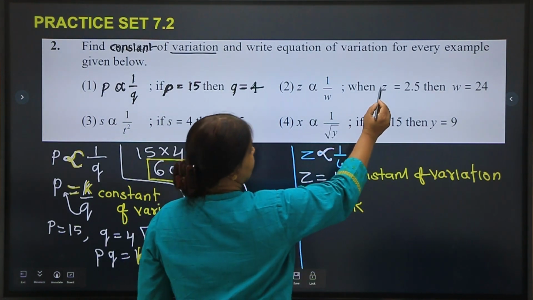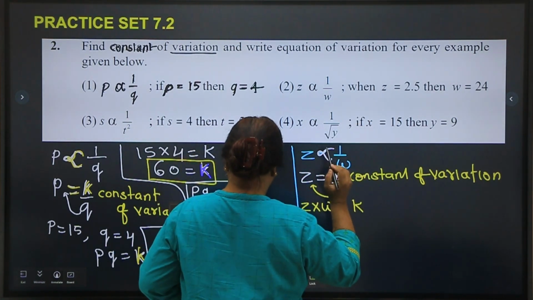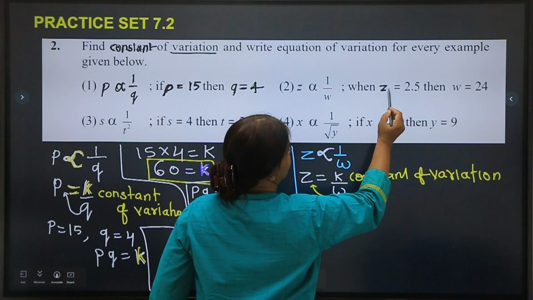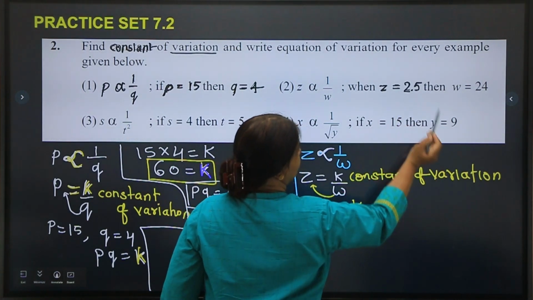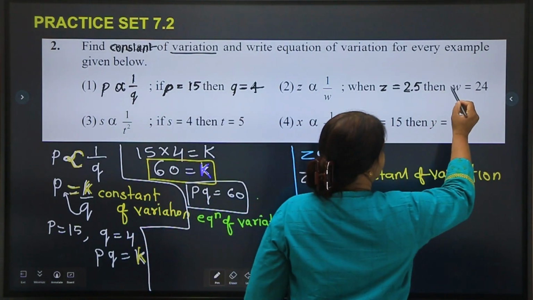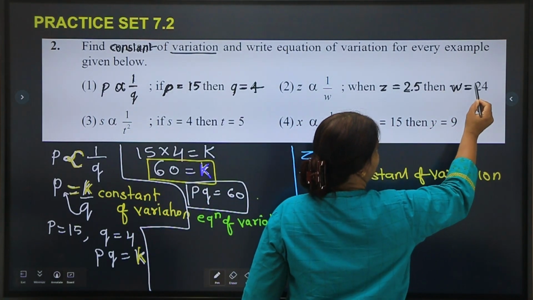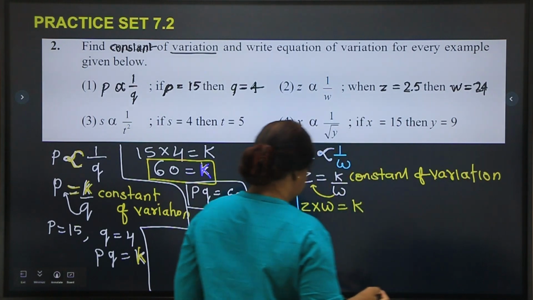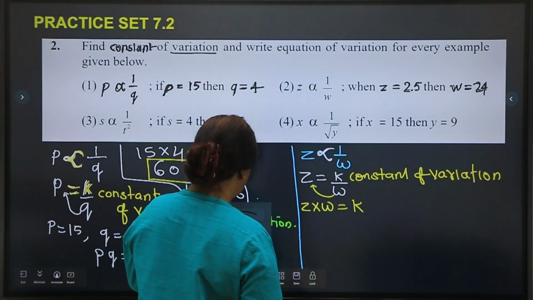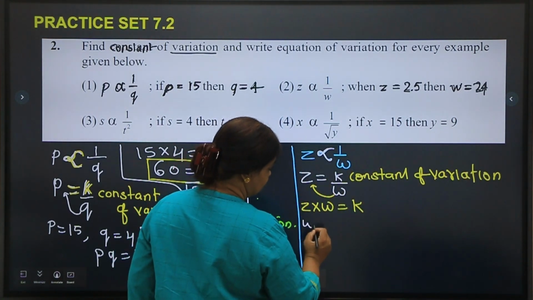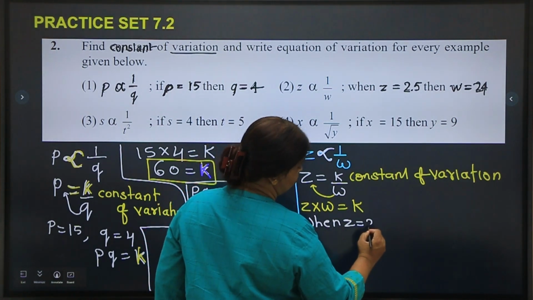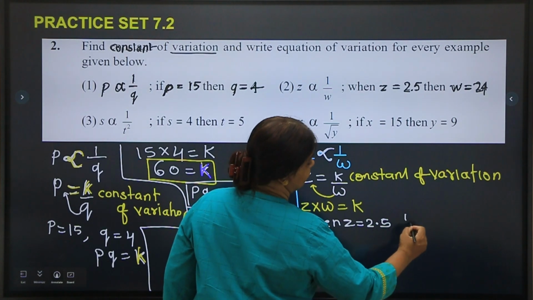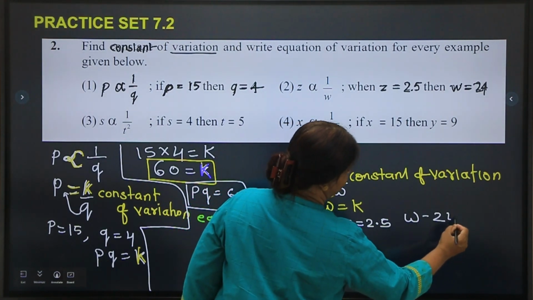So, when Z is 2.5, W is 24. So, let us write: when Z is equal to 2.5, W is 24.